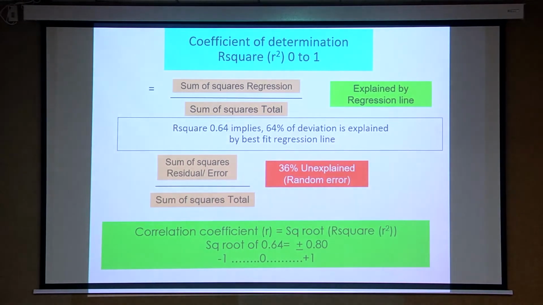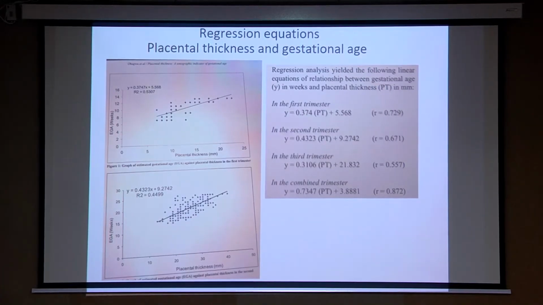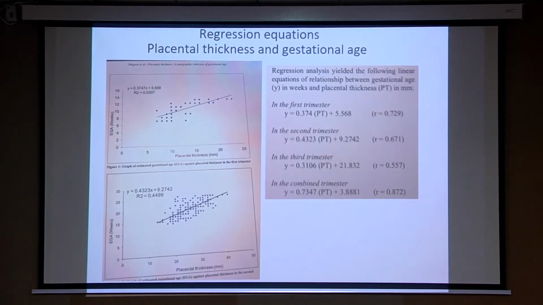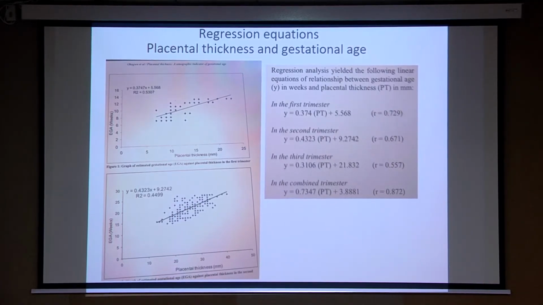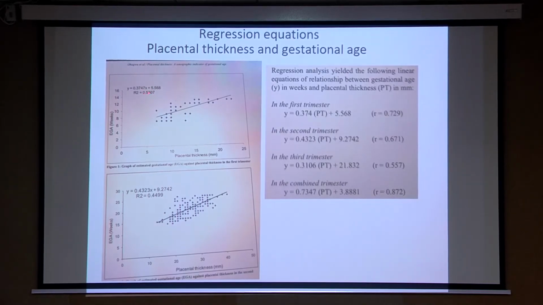If you calculate one value, you can derive the other value. So we have seen all four parameters: slope, intercept, r and r square. Now look at this study. They have given slope, intercept, r square, and look, the r square is 0.53.